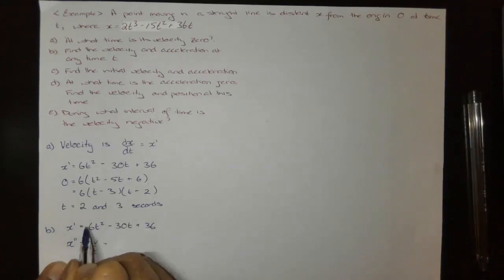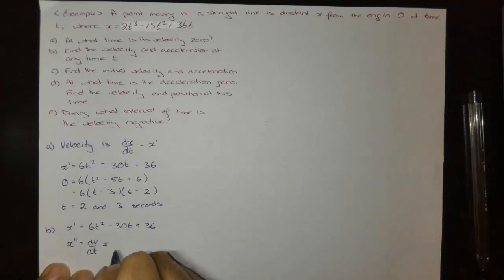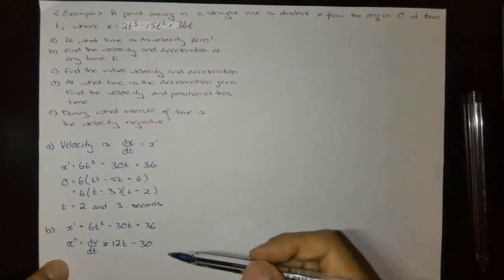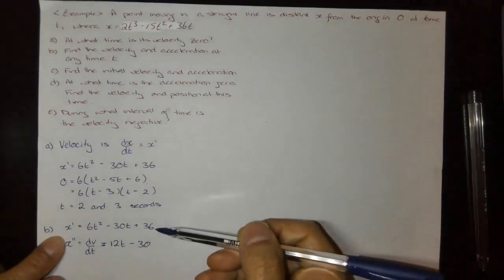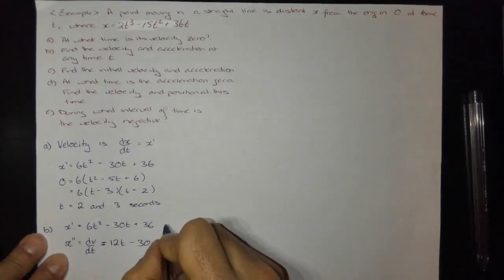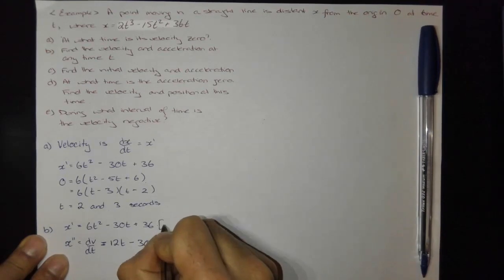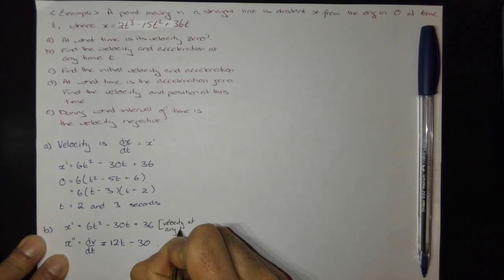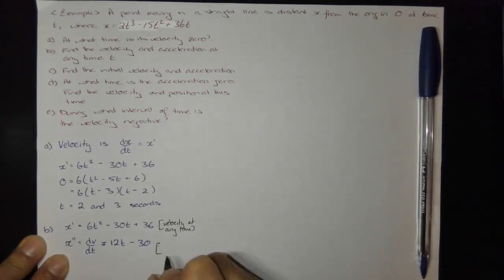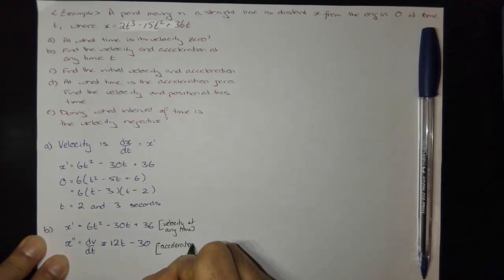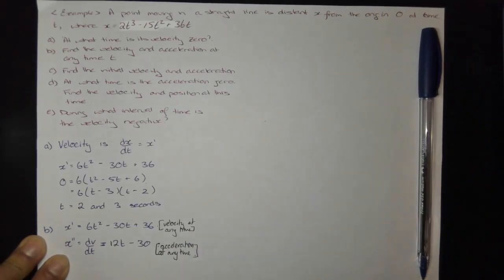All we're going to do is differentiate this. So 2 times 6 is 12, which is the power, and 36. So that is the velocity at any time, and this is the acceleration at any time.